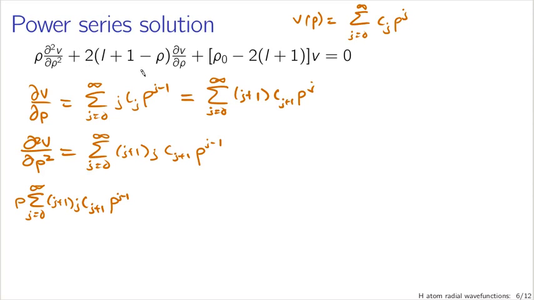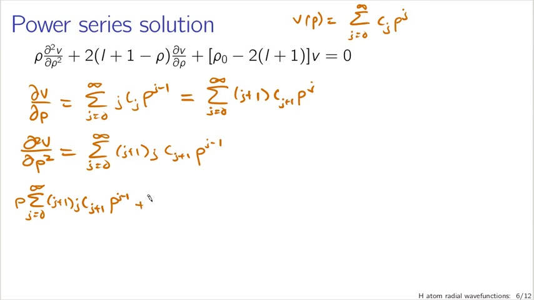The next term here has to be broken up into two pieces if I want to equate like powers of rho, because I have here rho to the 0 and here rho to the 1. So for the 2 times the quantity L plus 1 part of the first partial derivative of v term, I'm going to use my relabeled expression, the one with rho to the j in it. That will give me, after I've multiplied everything into the power series, a rho to the j power.